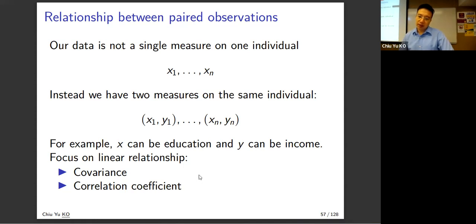And at the very end of this class, we talk about regression. Regression will help us understand this in more detail; it will be a model for that. But in this class, we will just try to study how they're related, because we are doing preliminary analysis.